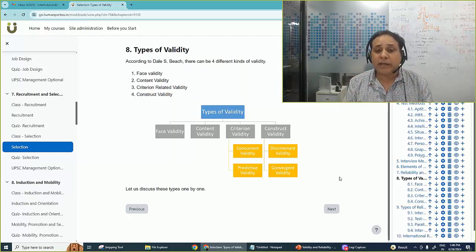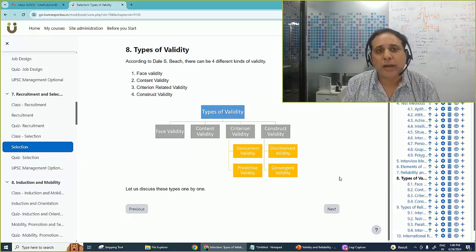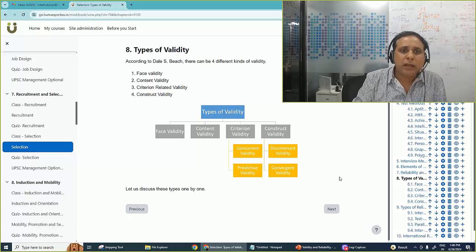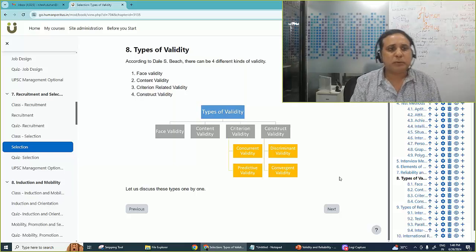Please mind that some books might say that face validity, content validity and criterion validity are subtypes of construct validity. That will also be fine. These four broad types were given by Mr. Dale S. Beach, and this is about different types of validity.